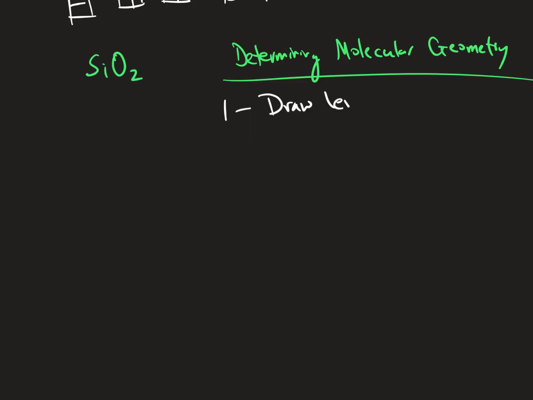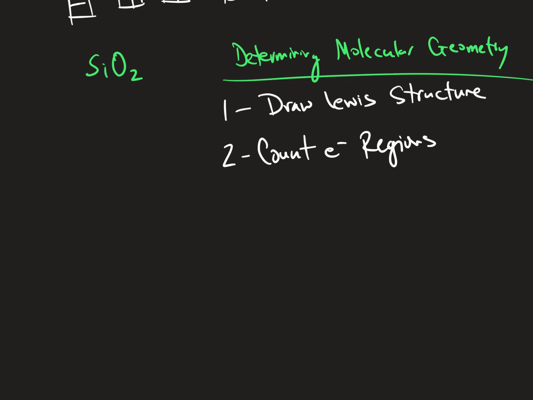Step 1, draw the Lewis structure. And I gave you a few steps to draw the Lewis structure, right? Any questions on how to do that? All right, step 2, count the electron regions around the central atom.